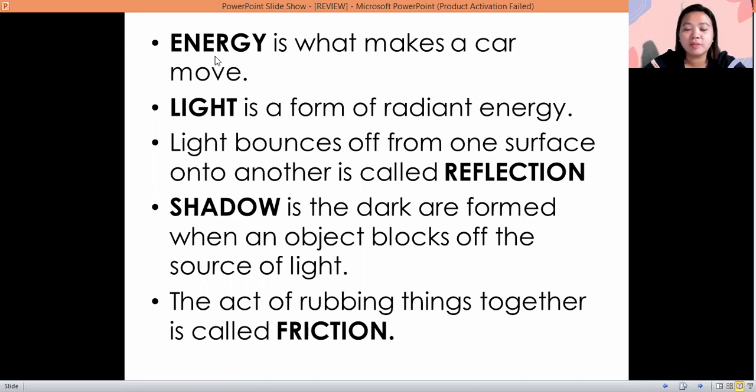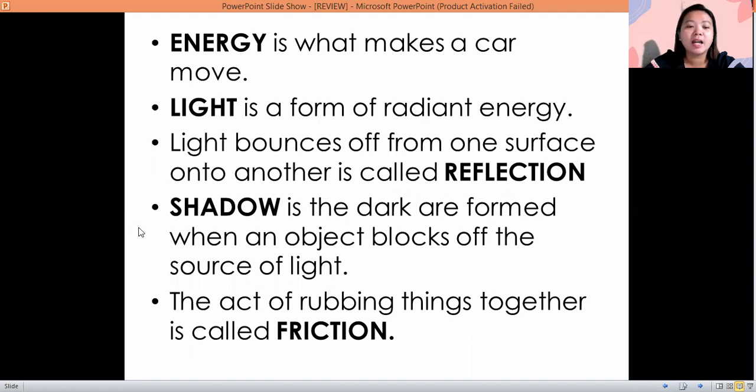So energy, the meaning of energy is what makes a car move. Please remember, we have also light. Light is a form of radiant energy, and light bouncing off from one surface onto another is called reflection.